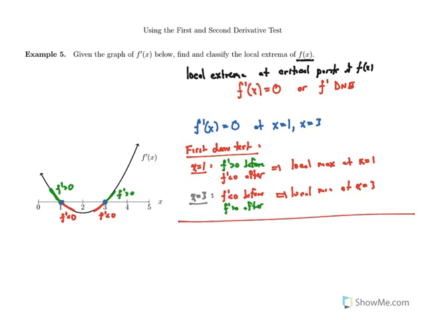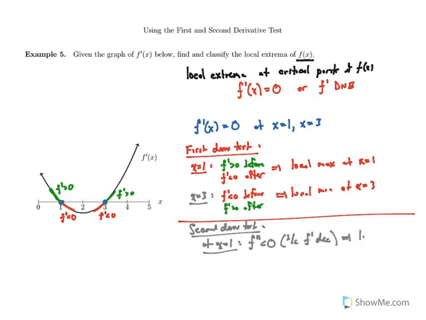We could use the second derivative test as well. It should give us the exact same answer, but let's double check it. The second derivative test says that at x equals 1, the second derivative is negative. That's because the derivative is decreasing at that point.